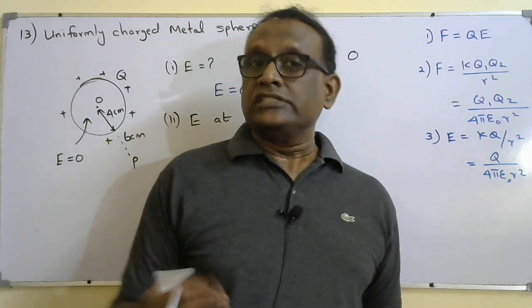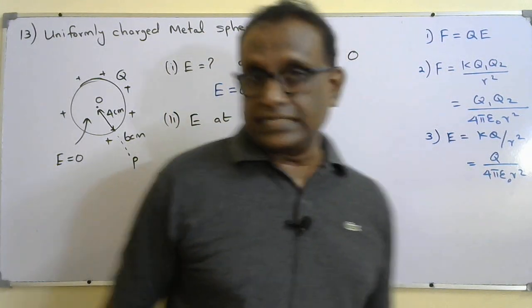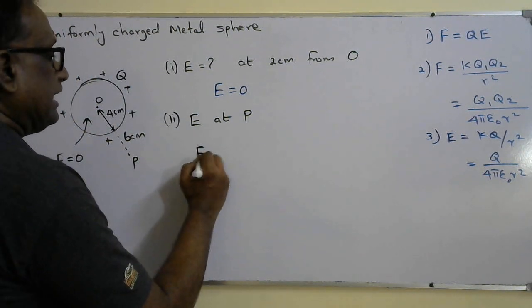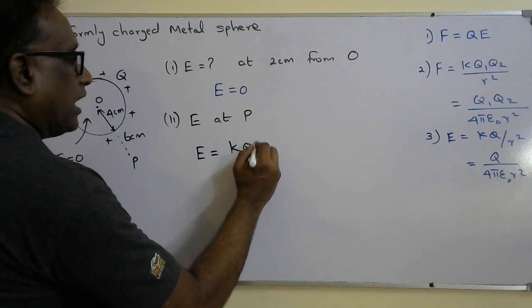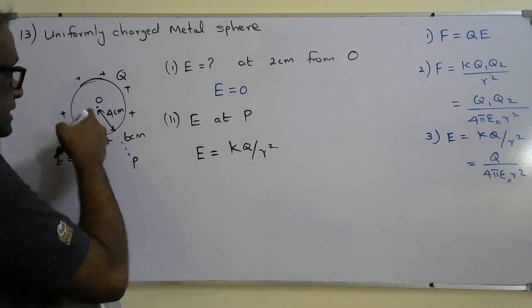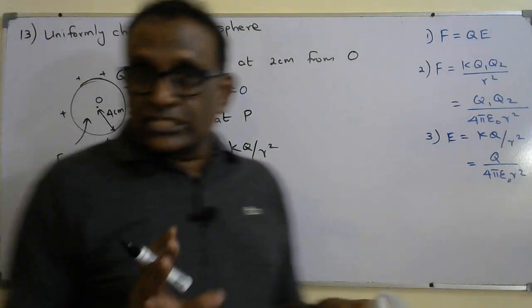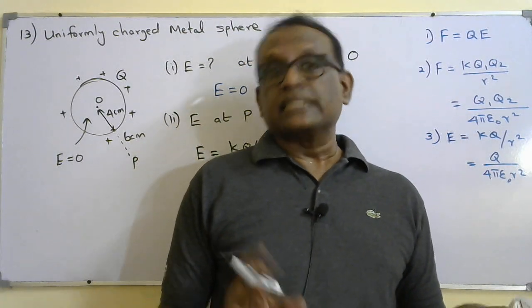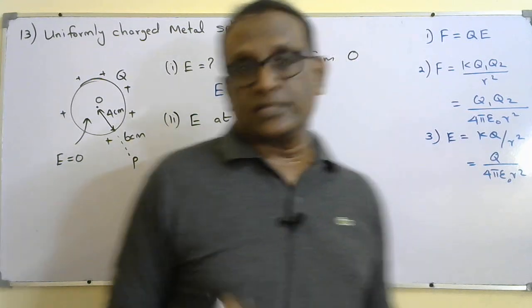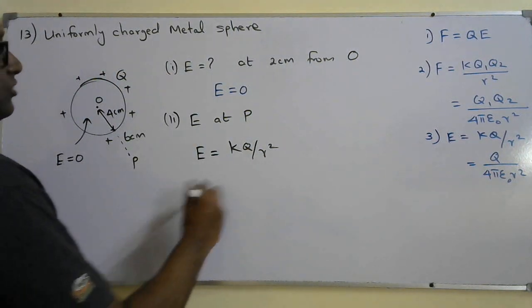We assume the whole charge is concentrated at the center according to Gauss law. So the electric field strength at P is equal to kq over r squared. We can use this by assuming the whole charge is concentrated at the center. We can assume the whole charge is concentrated at the center only when the charge distribution is uniform on the surface. So E equals kQ over r squared.